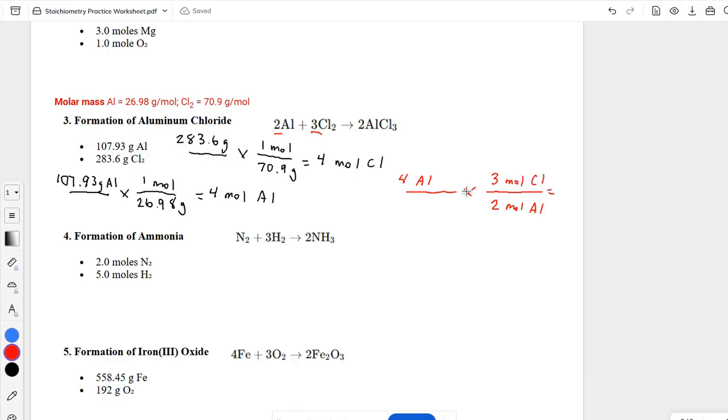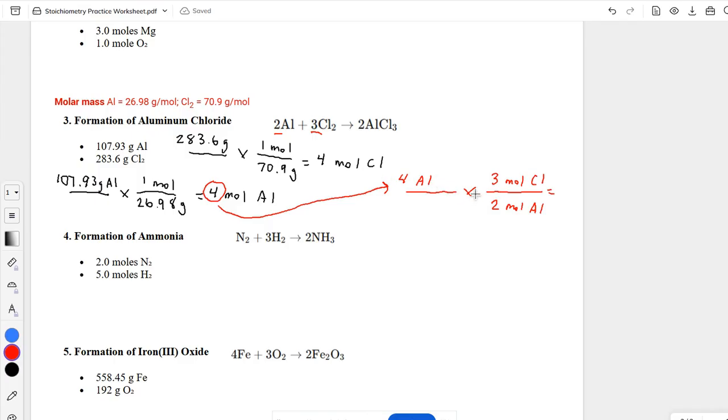And this is going to show us how many moles of chlorine we're going to need to react with 4 moles of aluminum. So that's why I put the 4 moles of aluminum here.